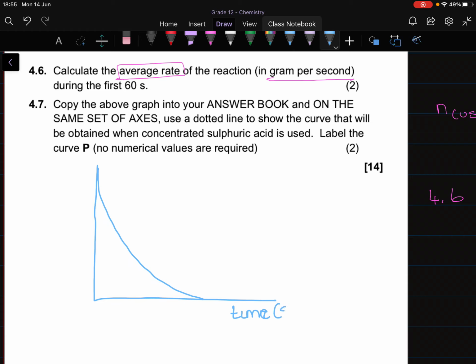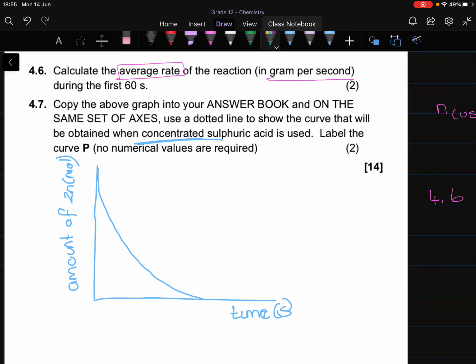I need time, and this is amount of zinc. They didn't want any values. But then they said draw a dotted line to show the curve when we use concentrated sulfuric acid.